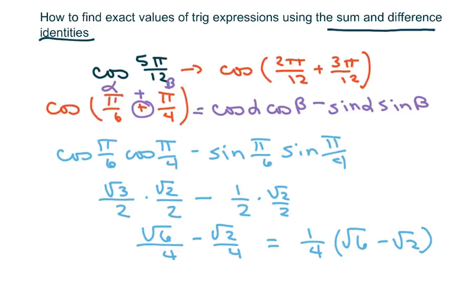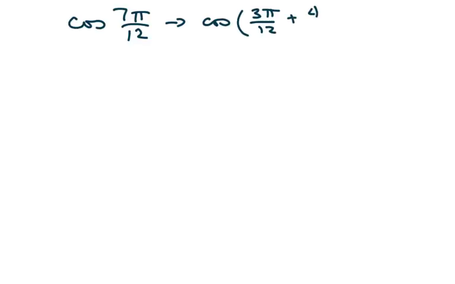Okay. The next one is cosine as well. It's going to be cosine of 7 pi over 12. I'm going to rewrite this as cosine of 3 pi over 12 plus 4 pi over 12.